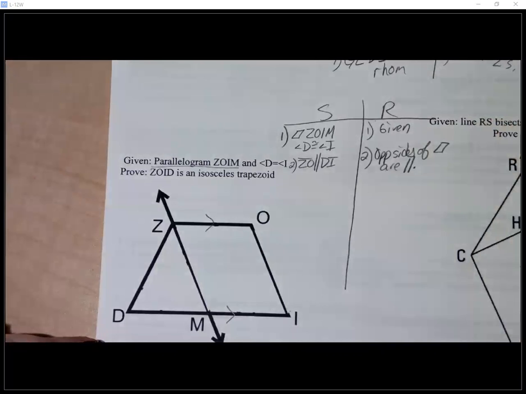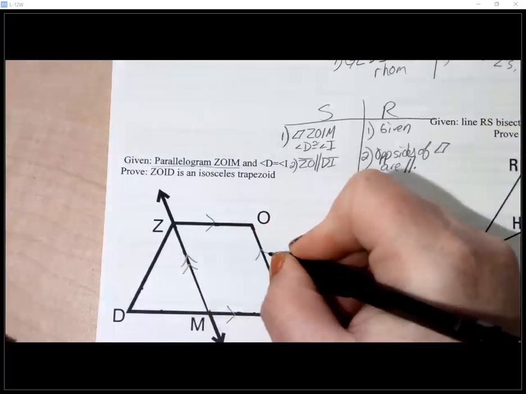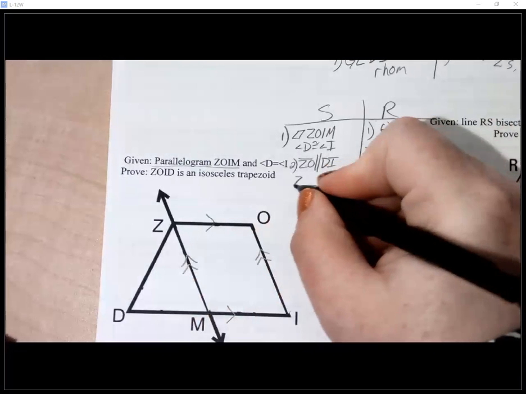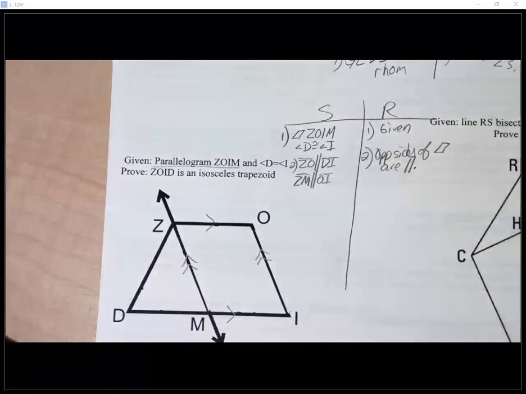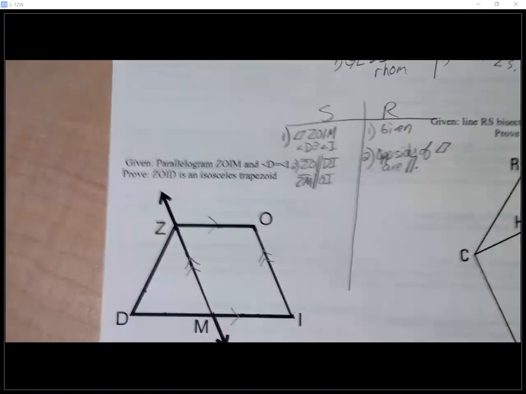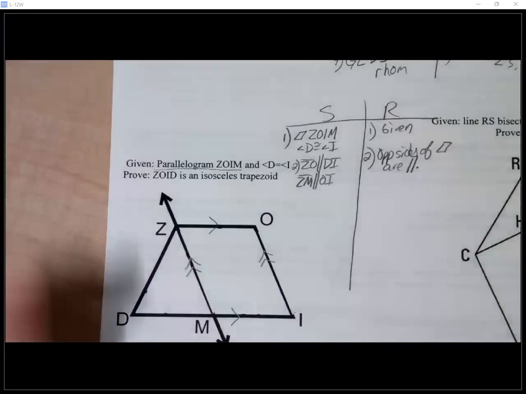Two pairs of opposite sides that are parallel. I don't know if I'm going to need it, but I'm just going to throw in the other sides too, just in case. So I'm also going to write ZM parallel to OI, for the same reason. I might need it later. I don't want to make a new step if I could have just lumped them together here. So might as well, can't hurt.